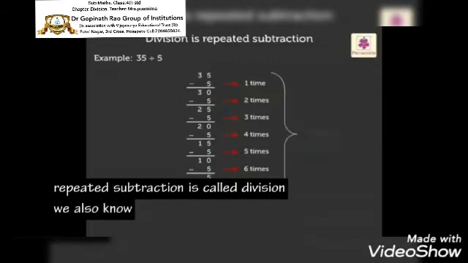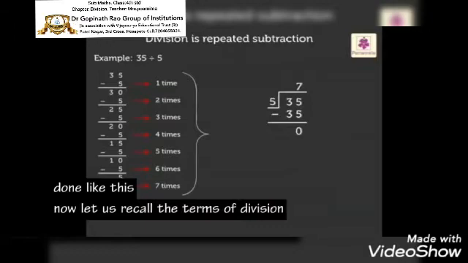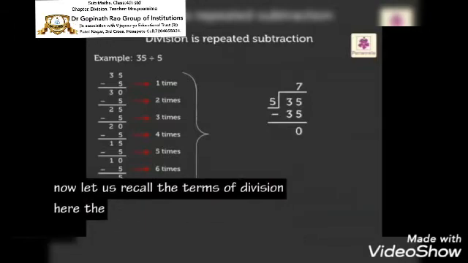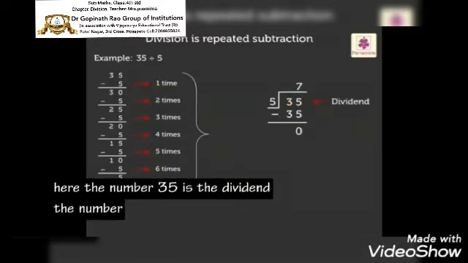We also know that this division can be done like this. Now, let us recall the terms of division. Here, the number 35 is the dividend, the number to be divided.